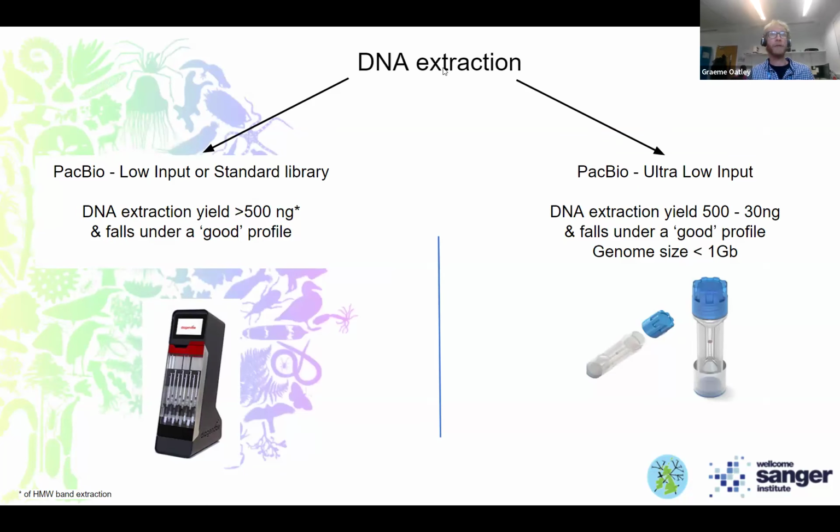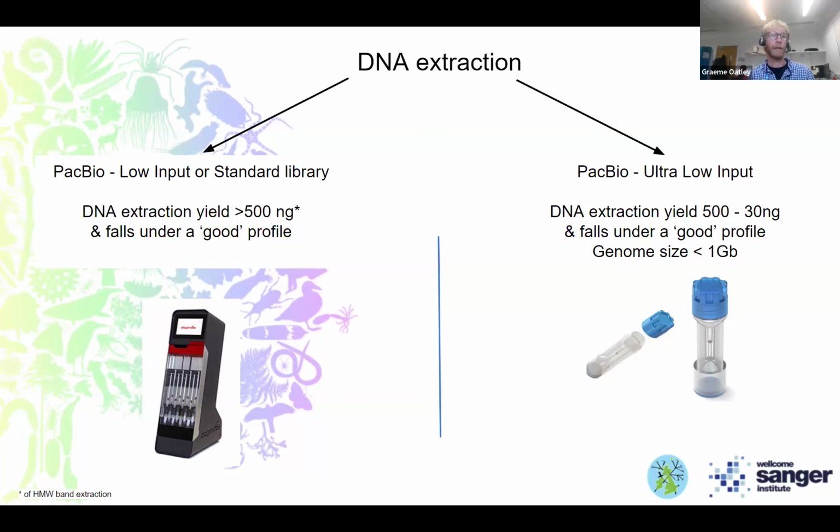So post-DNA extractions, we can either send our extracts into our PacBio standard library prep, where we're looking at DNA that has a yield of a minimum of 500 nanograms and falls under one of the good profiles. I have an asterisk next to the 500 nanograms here, because we would probably only pass something with a low yield of 500 nanograms if we have a nice high molecular weight band of DNA.